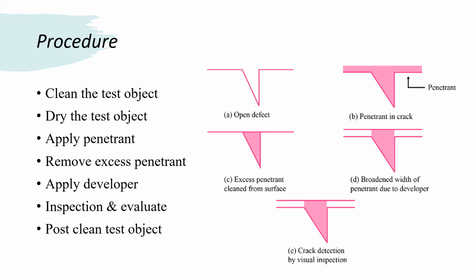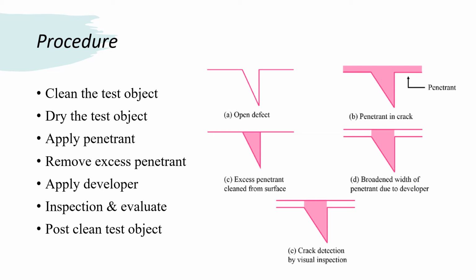Now let us elaborate these things. First one is cleaning the test object. One of the most important steps in the penetrant inspection procedure is the initial cleaning of the surface area which is to be inspected. The defect that is being sought must be open to the surface for the penetrant to enter.